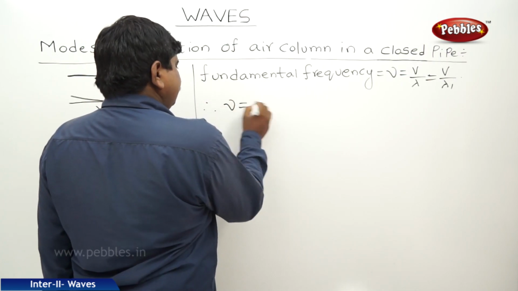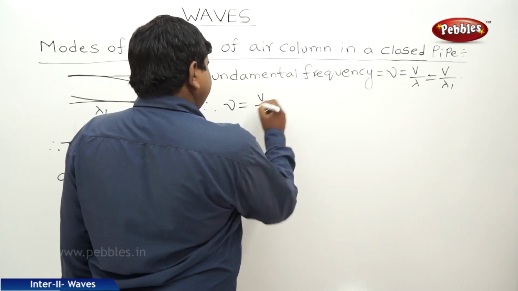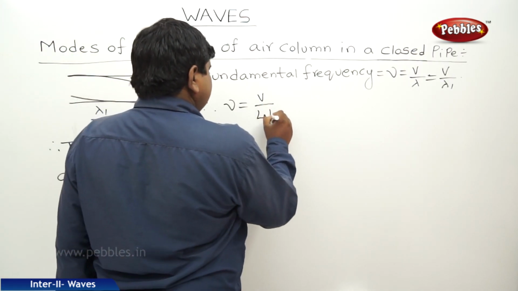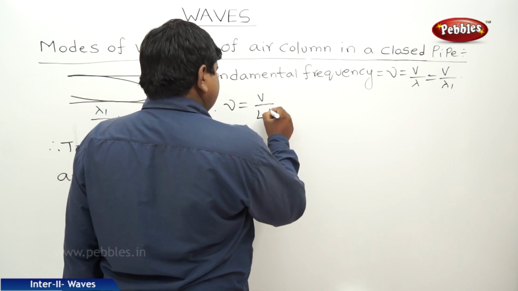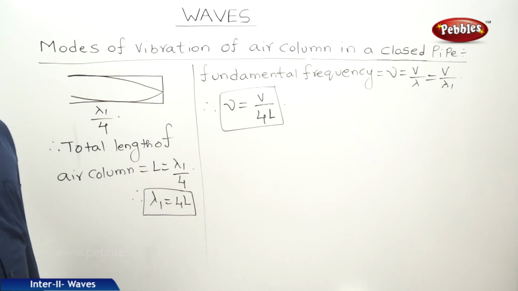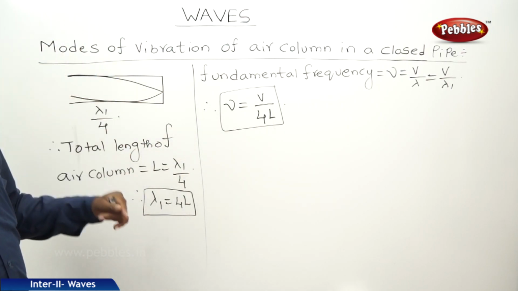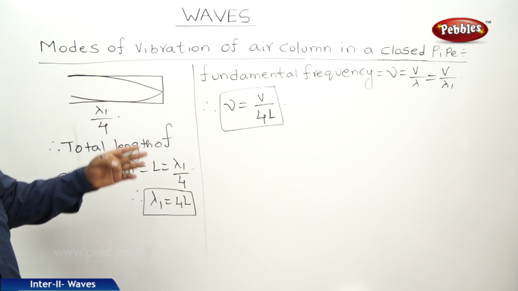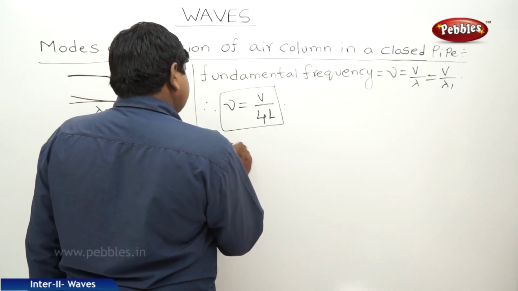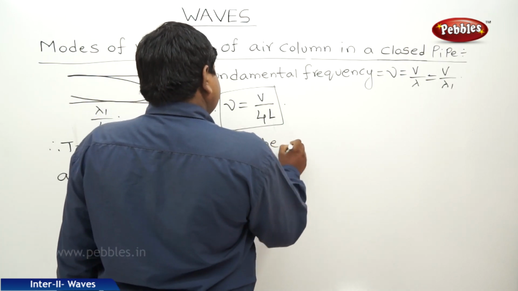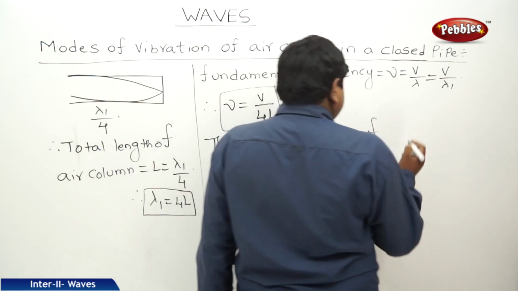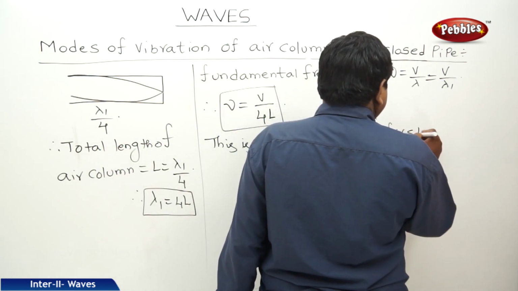Therefore, nu is equal to V by, so what is lambda 1? 4L. Therefore, nu is equal to V by 4L. This is the fundamental frequency or first frequency of the first harmonic in modes of vibration of air column in closed pipe. This is the frequency of first harmonic.